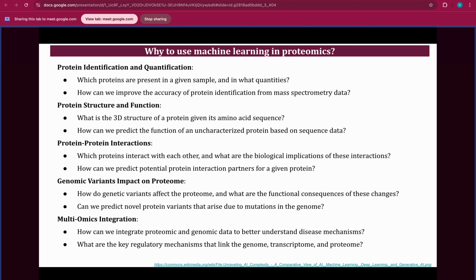We have to combine them to get better conclusions. So multiomics integration can also be facilitated by machine learning, and it can help us identify key regulatory mechanisms which link the genome, transcriptome and proteome. So this is all about the use of machine learning in proteomics. I know there are many other uses as well, but these are the key uses I have highlighted in this slide.